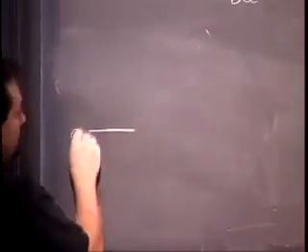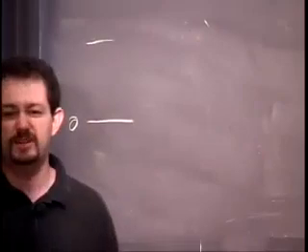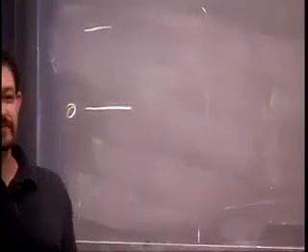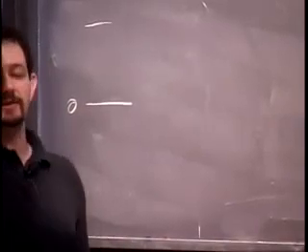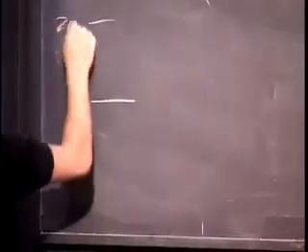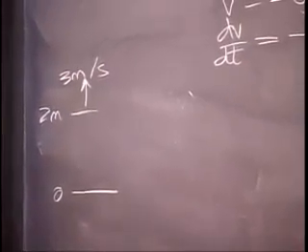So I'd like to give you an example, and this is in section 6.4.1 of the book. Here it is. There's the ground. I'm not quite 2 meters tall, but I guess if I extend my arm, I could probably make it. So I take a ball at height 2 meters, and I throw it up at a speed of 3 meters per second. So that's how fast it goes when it leaves my arm.